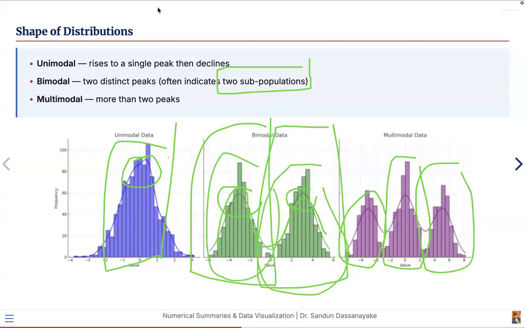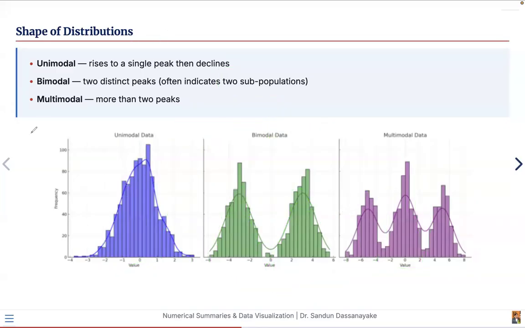That is what unimodal, bimodal and multimodal distributions look like.